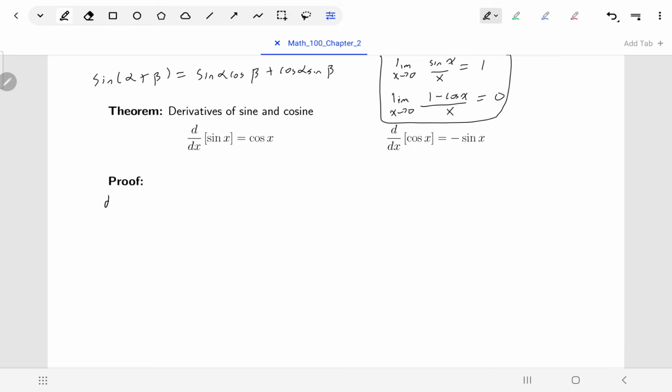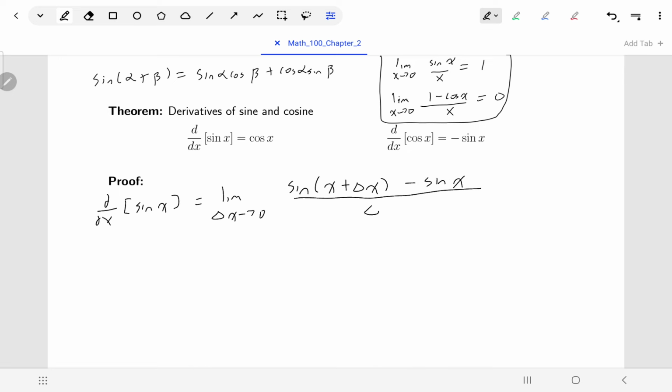So if I'm looking for the derivative of sine of x, that would be my limit as delta x goes to 0 of sine of x plus delta x minus sine of x all over delta x. Right away, I'm going to use the angle sum identity for sine to rewrite sine of x plus delta x.